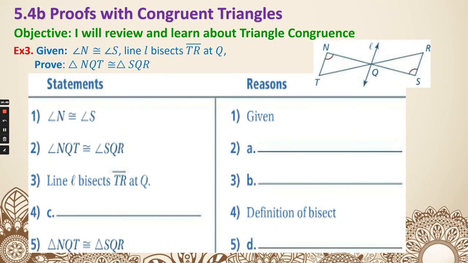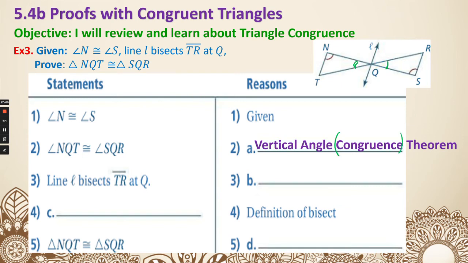Next, example 3. Angle N is congruent with angle S. That is given. And next, angle NQT, which is right here, is congruent with angle SQR right there. We can clearly see they are vertical angles. And that is the vertical angle congruence theorem, or you can just call it the vertical angle theorem without the word congruence.